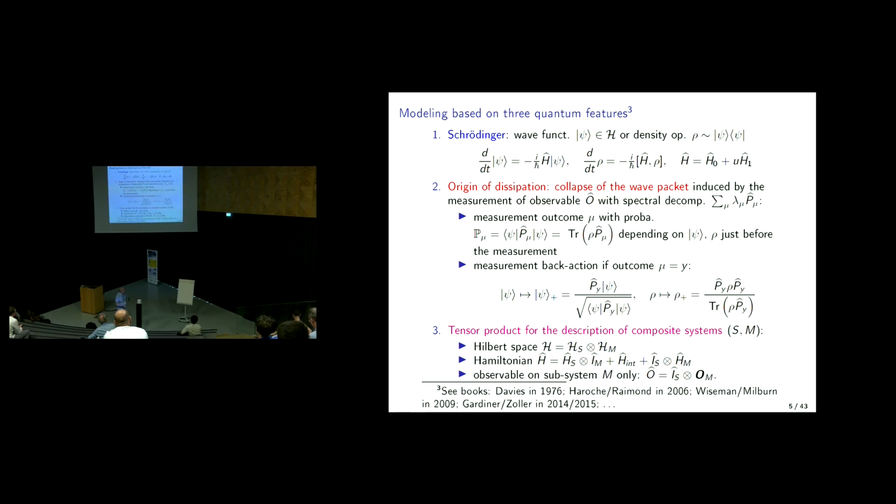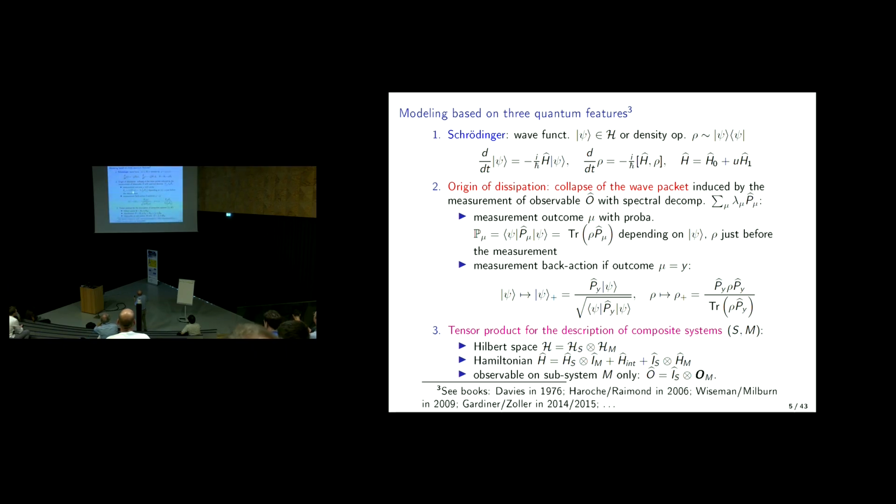And the rule of the game is this one. If you measure O, you assume that it is instantaneous. You have the orthogonal projection of psi on the eigenspace which is labeled by the measurement outcome. And the way you get information from your system is by this statistic.